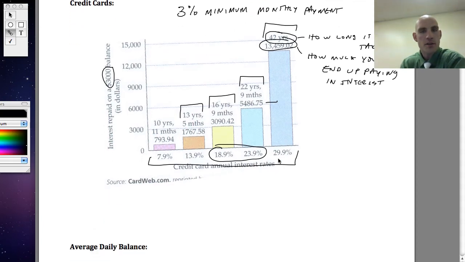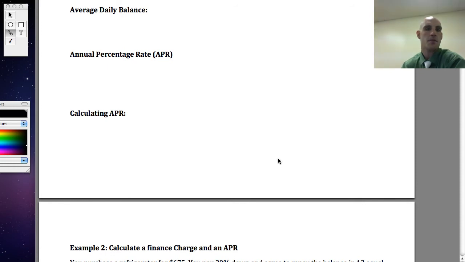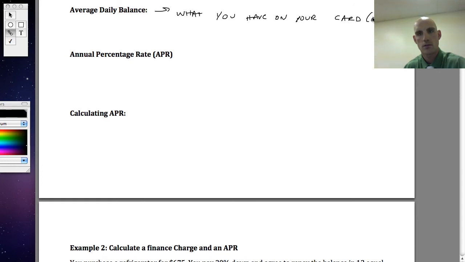Okay? And so as we move down here, we talk about average daily balance and annual percentage rate. All this has to do with what they are charging you. What you have on your card or what you owe per day, they're going to calculate your finance charge based on that.